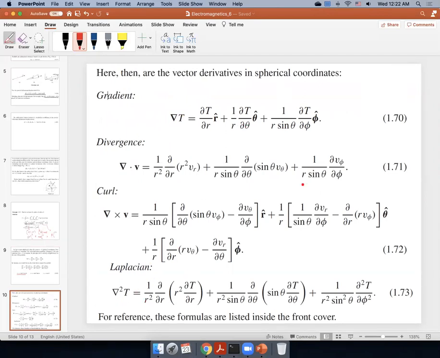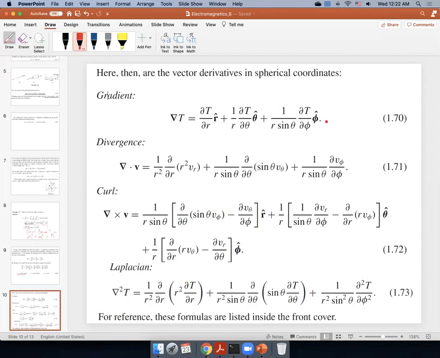So all of these are for functions in r theta phi coordinates, or in the spherical coordinates. It seems much more complicated than xyz coordinates. However, sometimes it's more useful.